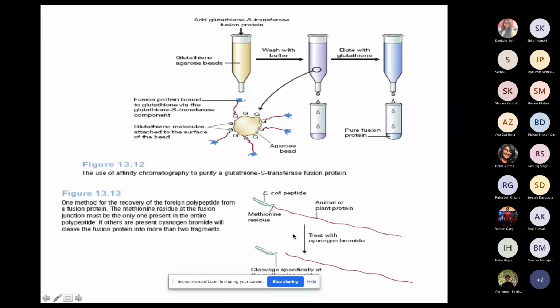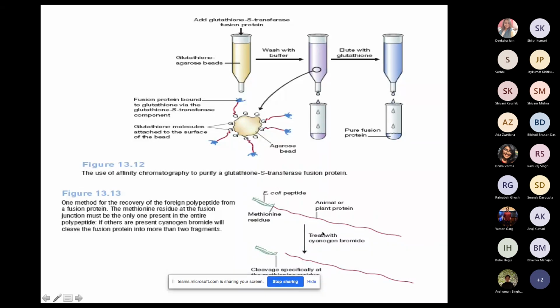So how will you remove the tag? You will remove it by various strategies, one of which is using cyanogen bromide. What it does is that it cuts at the methionine residue. So only in those cases where you are very sure that you do not have any methionine in your whole protein sequence can you use this strategy, because it is very simple.